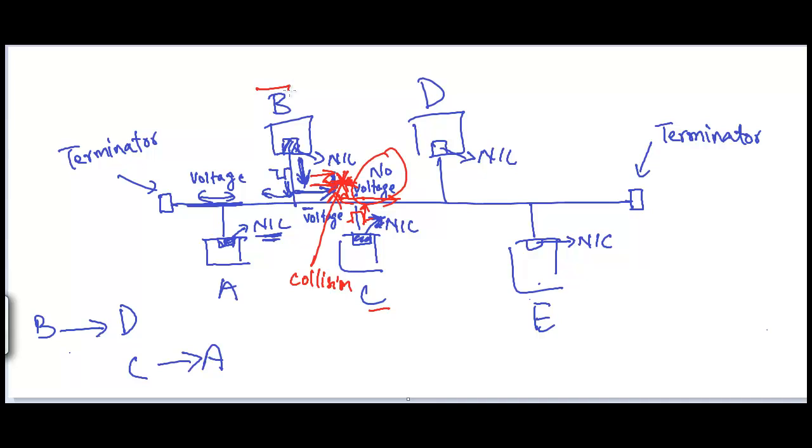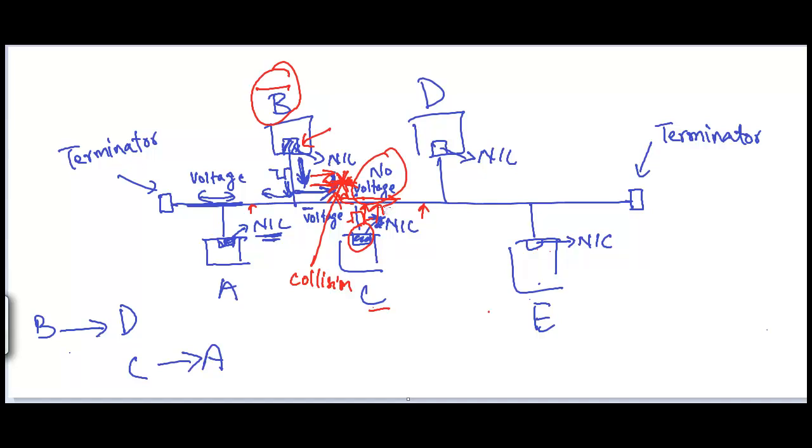As a result, because this collision occurs, the voltage levels get disturbed on this wire. So when the voltage levels get disturbed, computer B's network interface card is able to sense the disturbed voltage level, and computer C's network interface card is able to sense the disturbed voltage signal on this wire.